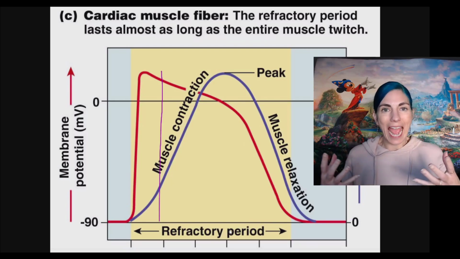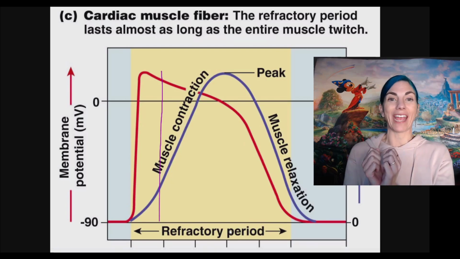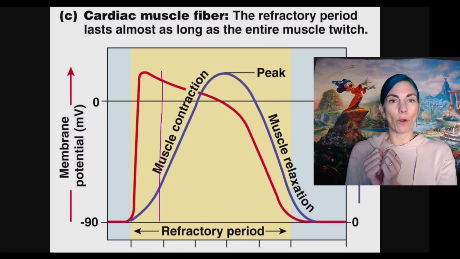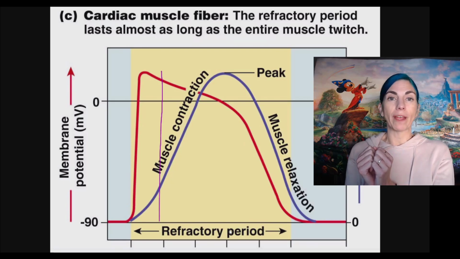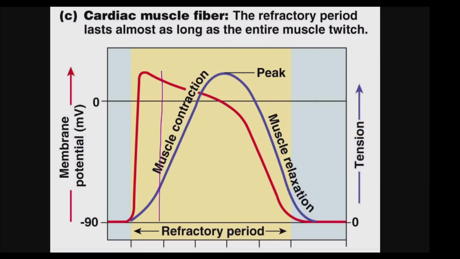The twitch has to end so that my heart can refill with blood and I can push it out again. So if my heart were exhibiting tetanus, it would not be doing its job. It would stop moving blood because it would be in a perpetual state of contraction. So therefore, it is imperative that twitches do not summate in cardiac muscle.